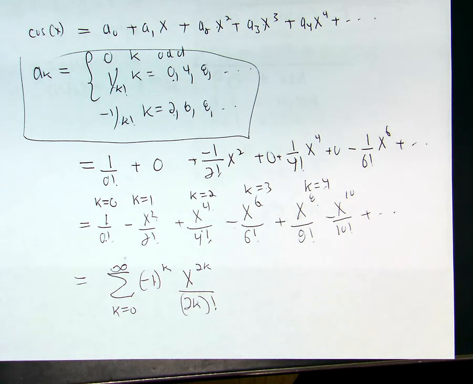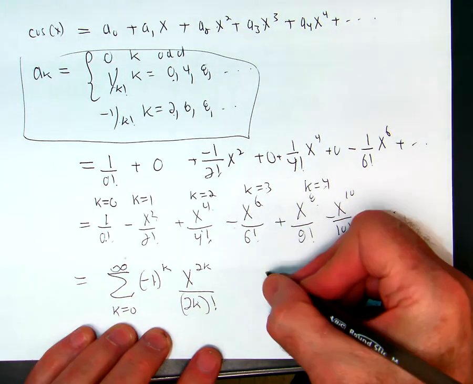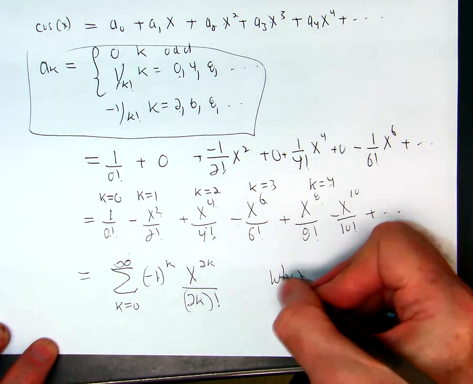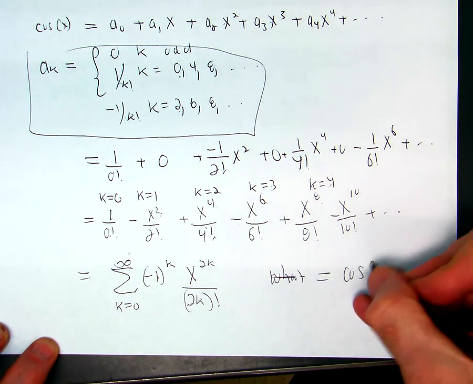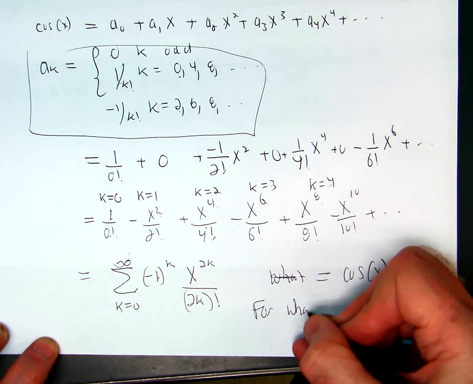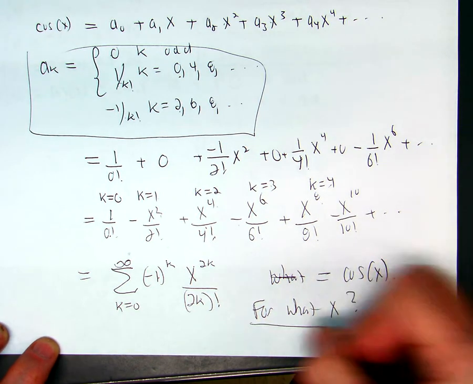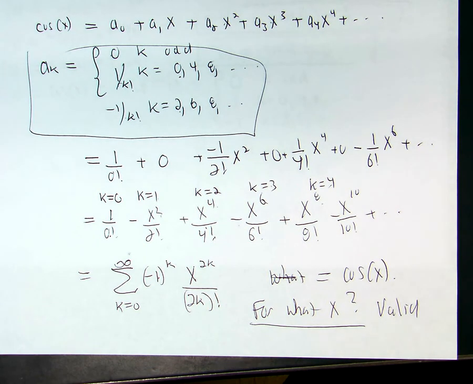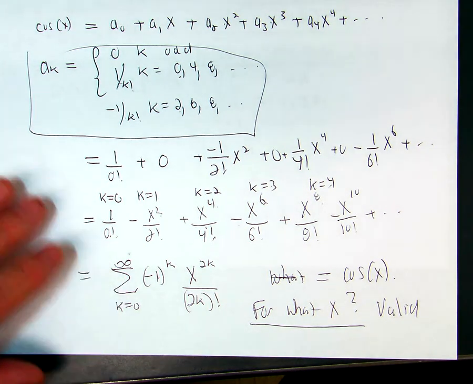Now, you might wonder this question. So we're saying this is equal to the cosine. So the question is, for what x does this work? And I'm going to address that question, and that's going to be the last one.